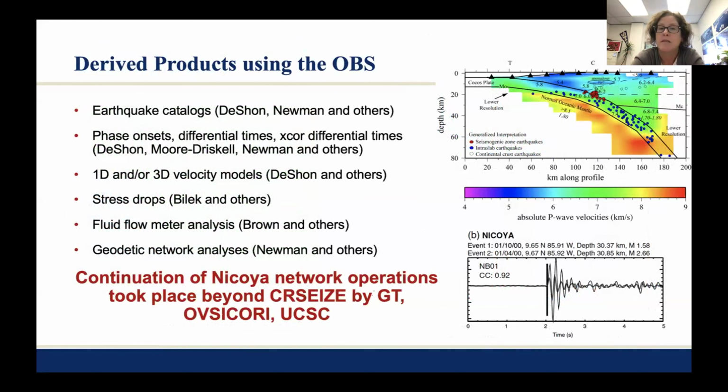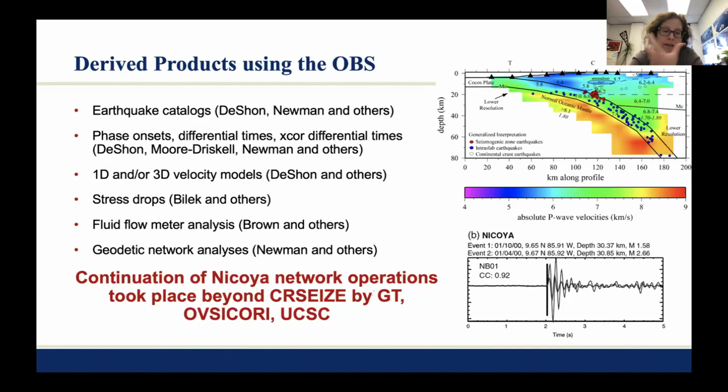There's differential times and cross-correlation based differential times from this data set that could be made available. There's derived 1D and one Nicoya Peninsula 3D velocity model and an attenuation model. There's stress drops for some of these earthquakes. And then the geodetic land data, along with the land data, is available through EarthScope, right?